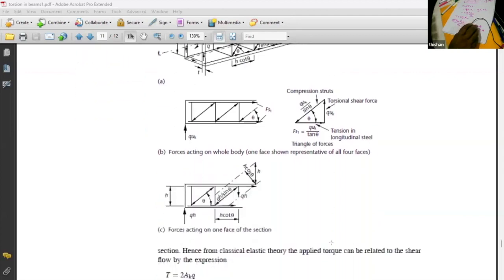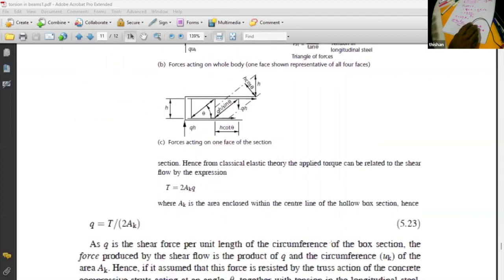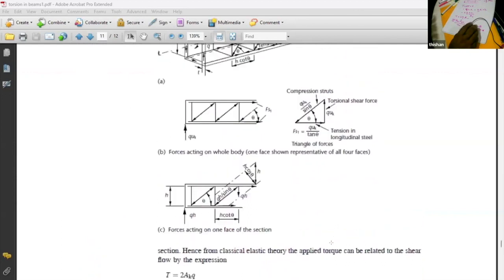So who will resist this horizontal force? We have q times uk over tan theta as the horizontal force, and q means T over 2Ak, times uk over tan theta.